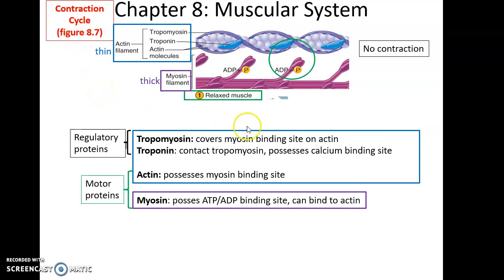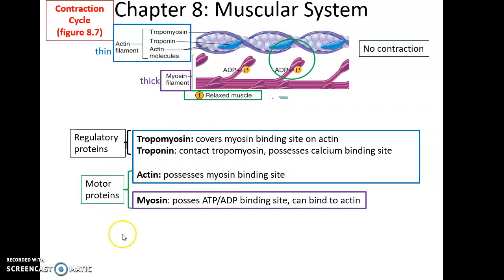Just a reminder, we have the thin filament, and the thin filament possesses the regulatory proteins tropomyosin, which covers a myosin binding site on actin, and troponin. Troponin makes contact with tropomyosin and also possesses a calcium binding site. Also found in the thin filament is actin. Actin possesses a myosin binding site.